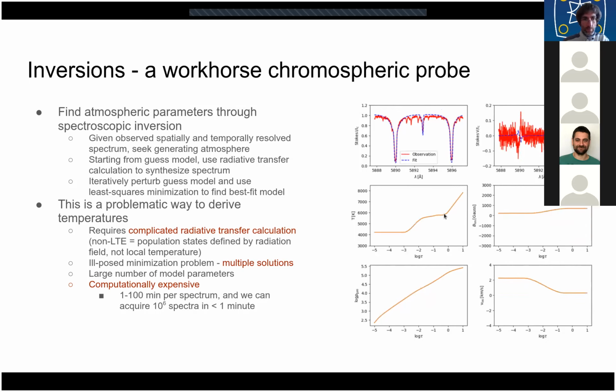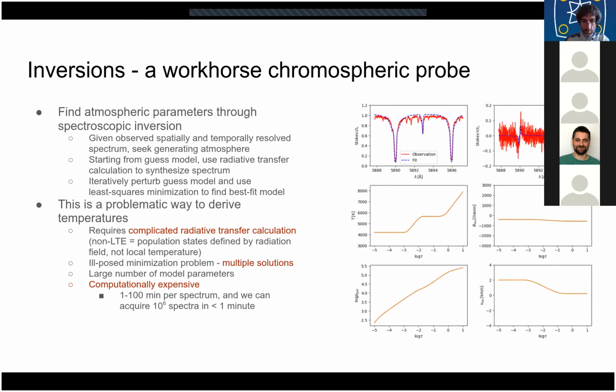You can see that here in the orange lines. And then you use radiative transfer calculations to produce a synthetic spectrum, which you can see in the dashed blue lines. And you iteratively perturb your guess model and use least squares minimization to try to find a best fit model. This is great in and of itself, but there's some inherent problems.